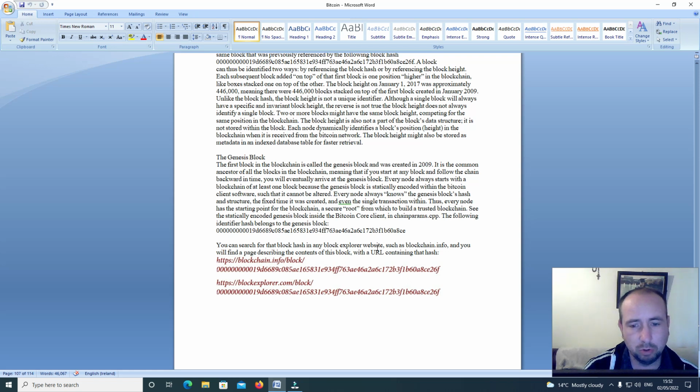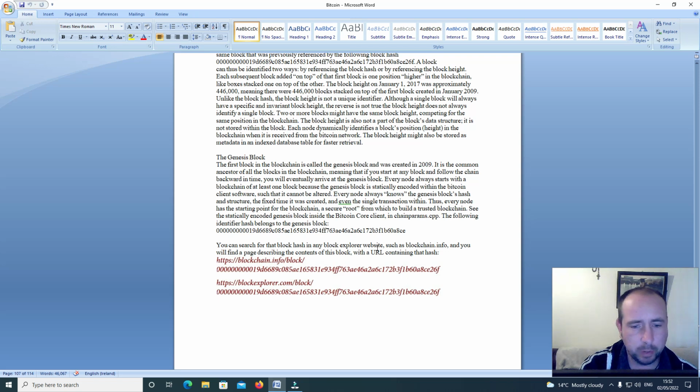Every node always knows the Genesis block's hash and structure, the fixed time it was created, and even the single transaction within. Thus, every node has the starting point for the blockchain, a secure root from which to build a trusted blockchain. See the statically encoded Genesis block inside the Bitcoin Core client in chainparams.cpp.